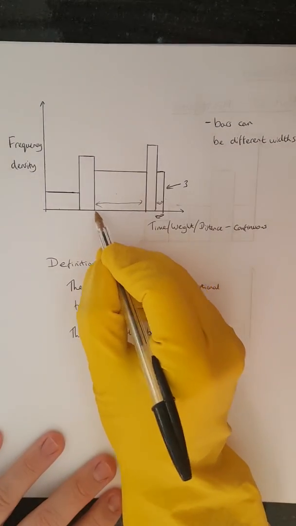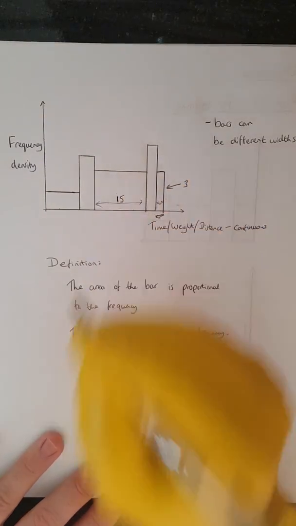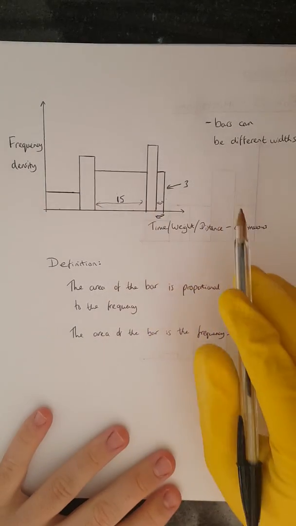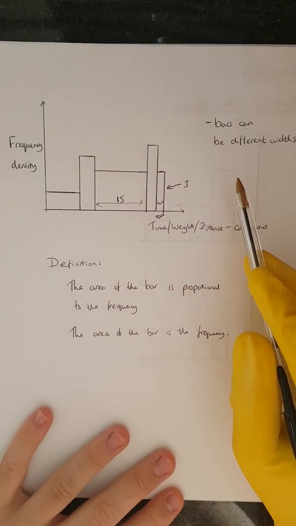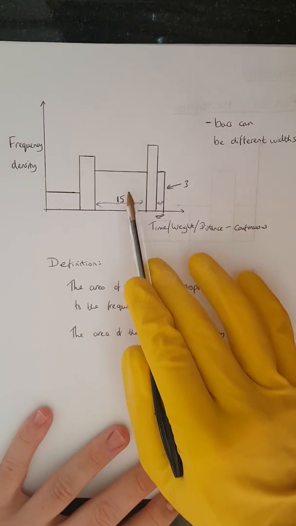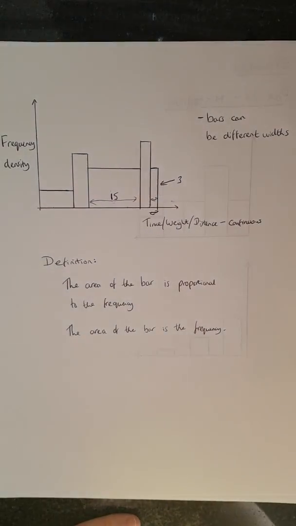This bar here, the same height, but much wider, has a width of 15. What that means is that this bar here is 5 times as wide as this bar and therefore contains 5 times as many people.